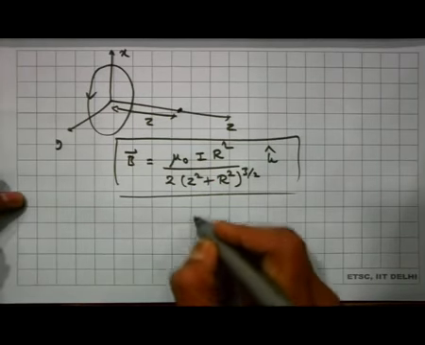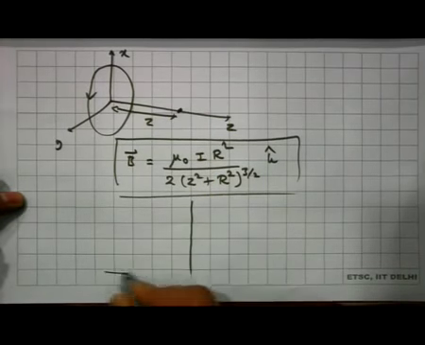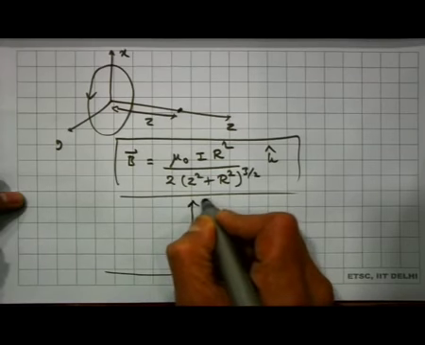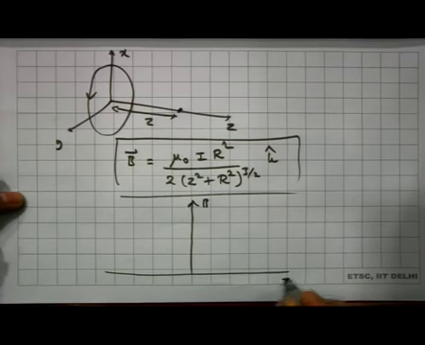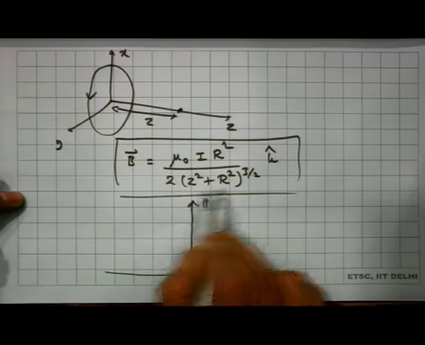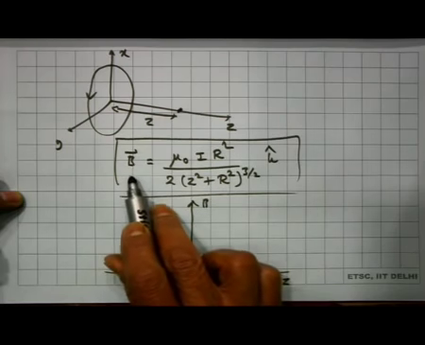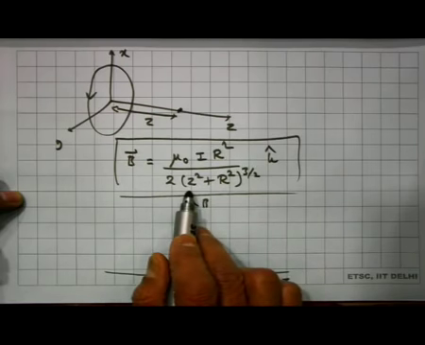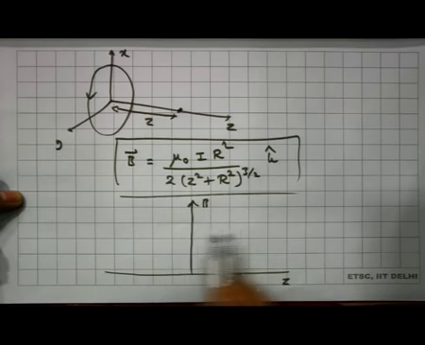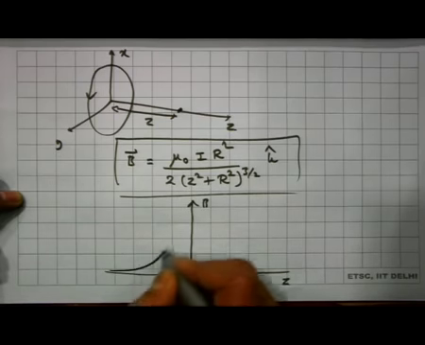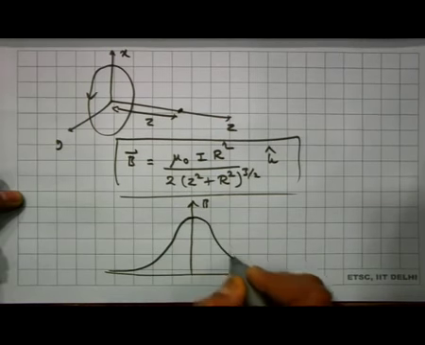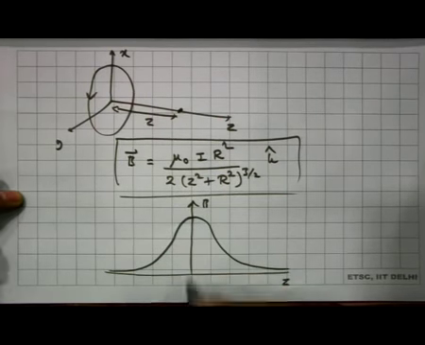So, if I were to plot B magnitude versus Z, what you will find is, as you can see here, there is Z square plus R square in the denominator. The maximum magnetic field will appear when Z is equal to 0, and as Z increases to either the positive or negative side, the magnetic field will decrease, and so you will get the magnetic field going like this.